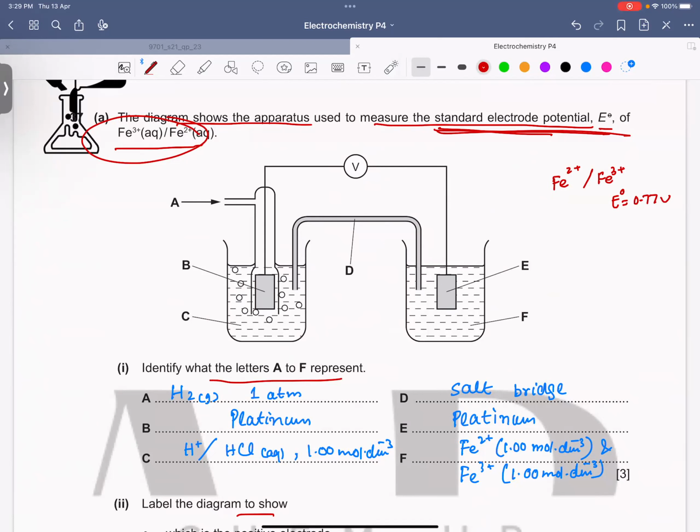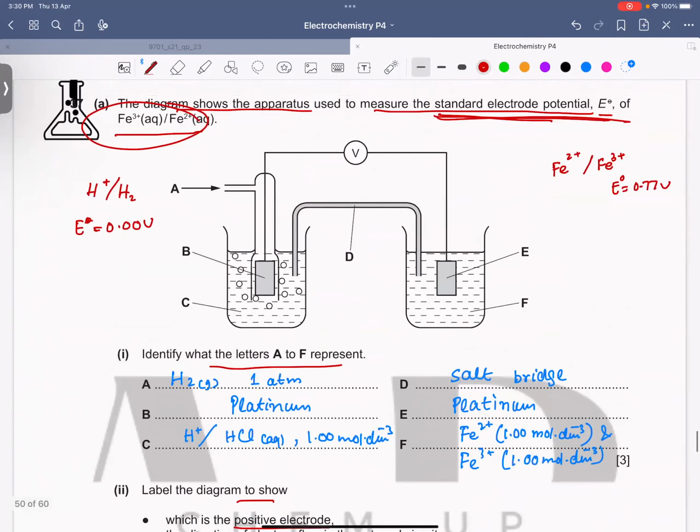And the E naught value for hydrogen is 0.00 volt. Okay.